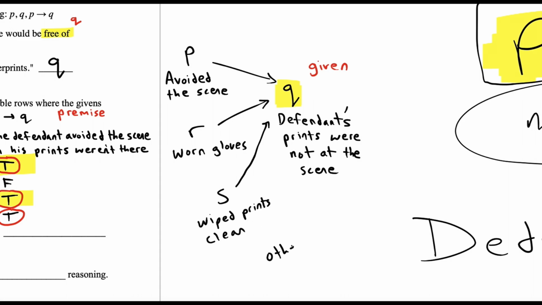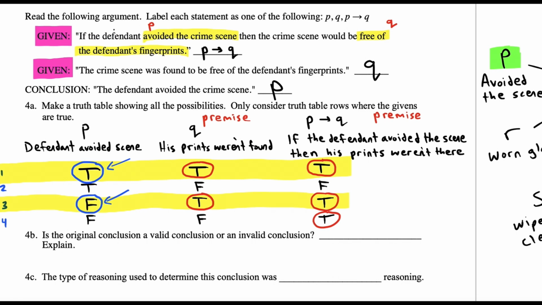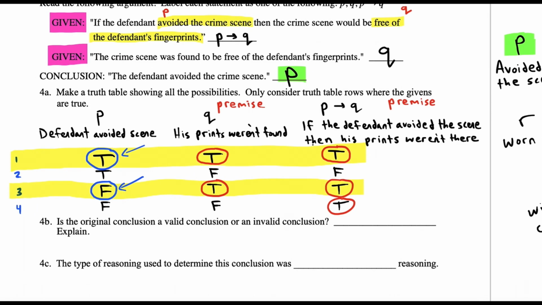And there could be some other explanation too. The point is that knowing that Q has occurred does not allow us to determine definitively what the cause was. That's what the lawyer's asking you to do here when they're asking you to conclude P. They're trying to get you to say that happened.